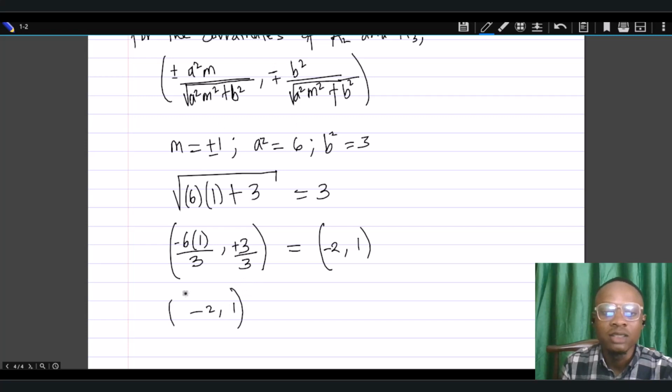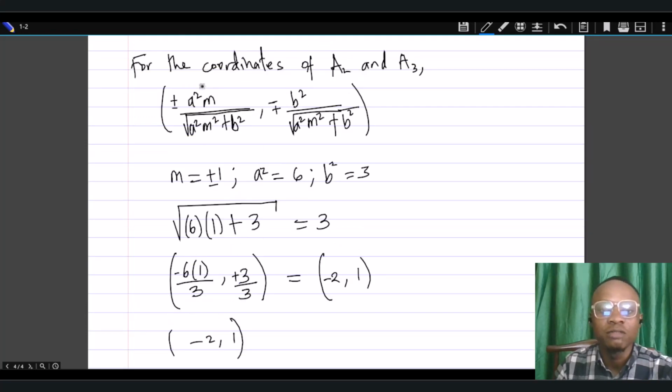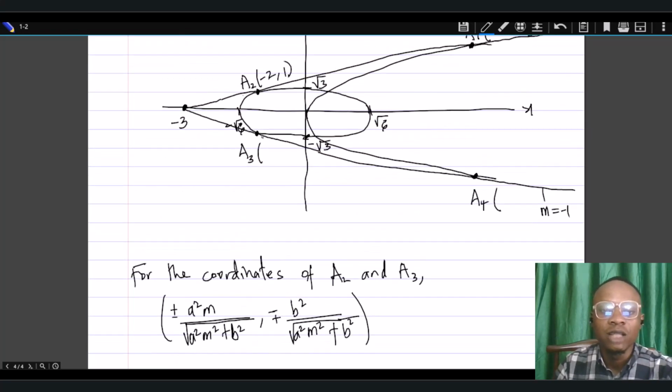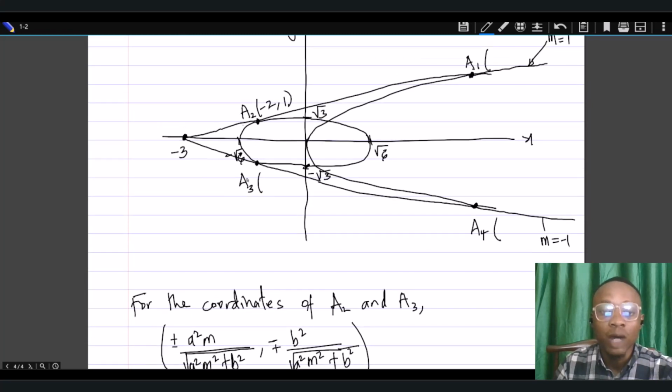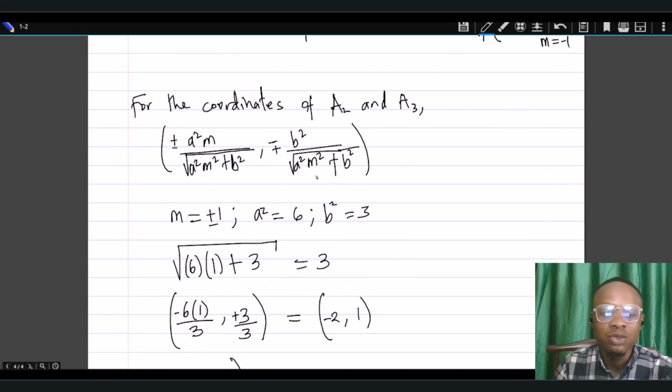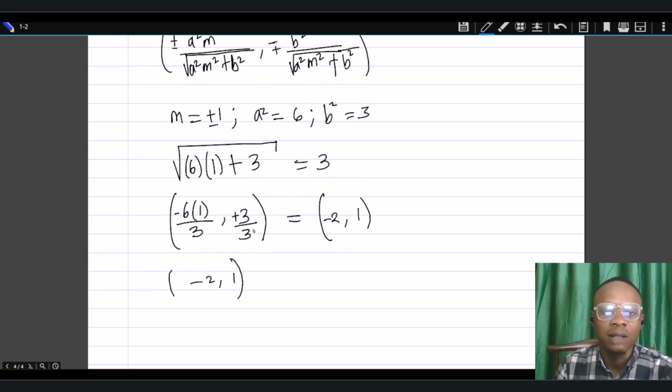But we know there is a plus or minus out here. So if we examine that, in this case our y is going to be negative and our x is also going to be negative. So this is meant to be minus 2 and minus 1, because in this portion x is negative and also y is negative. So that's how we choose the signs as we put them here.